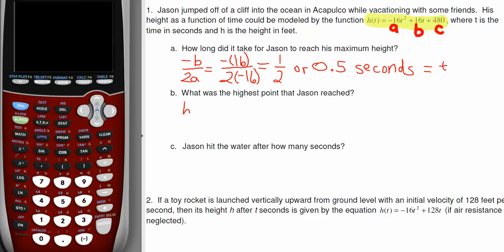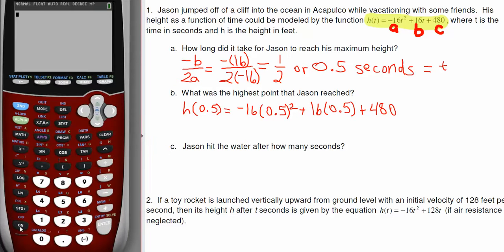So we're trying to find the height at half a second, so by substituting this into our function, we're going to find out what it equals. That's 480.